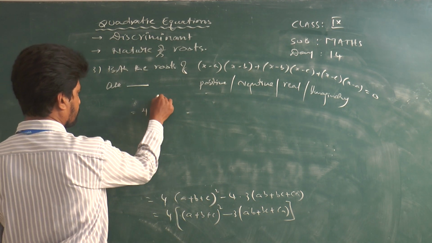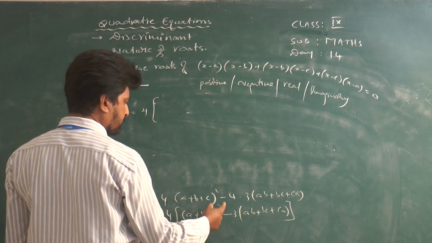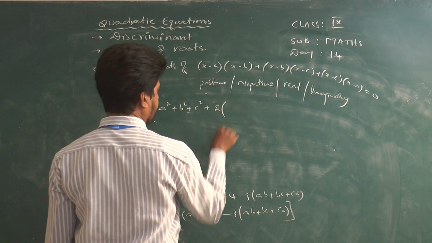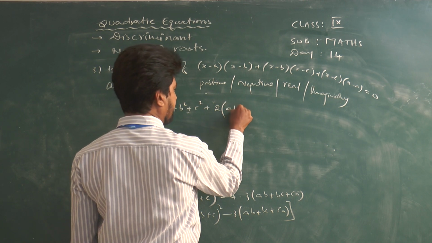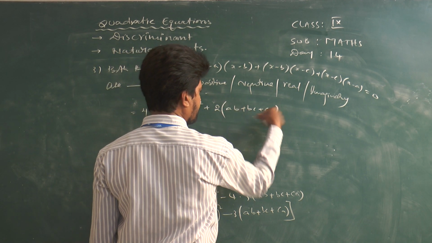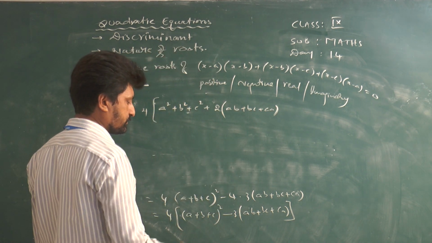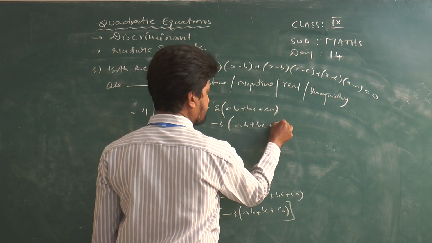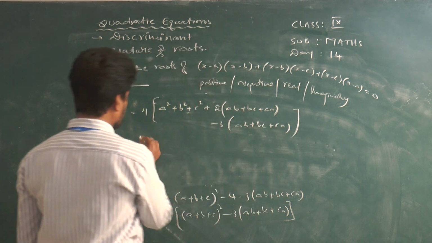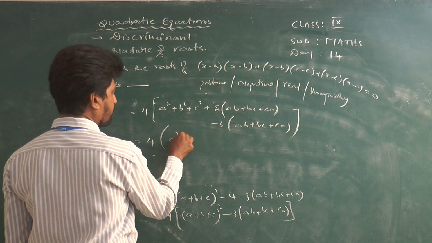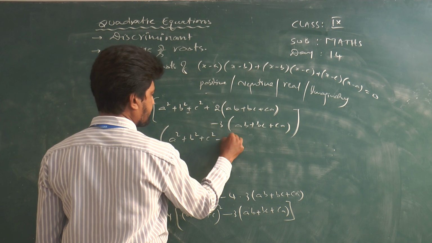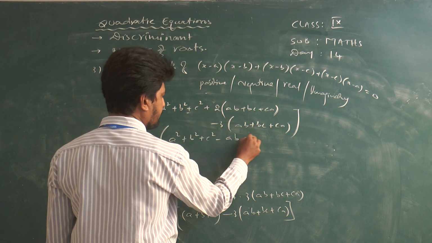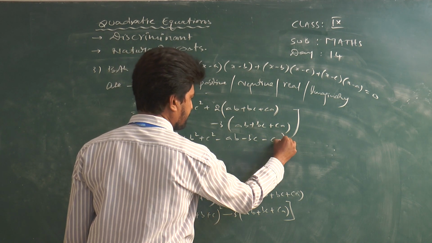That is equal to (a plus b plus c) whole square, the formula being a square plus b square plus c square plus 2 into (ab plus bc plus ca), which is the expansion of (a plus b plus c) whole square. Besides, we have minus 3 into (ab plus bc plus ca). That is equal to 4 times (a square plus b square plus c square plus 2ab minus 3ab, nothing but minus ab). Similarly, minus bc minus ca we are getting.